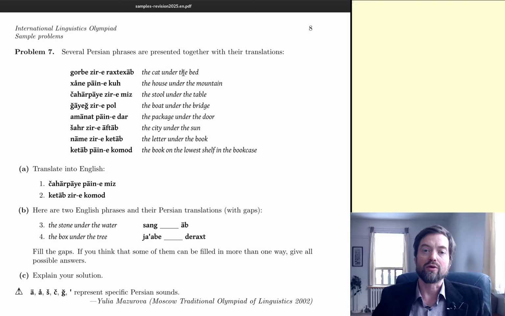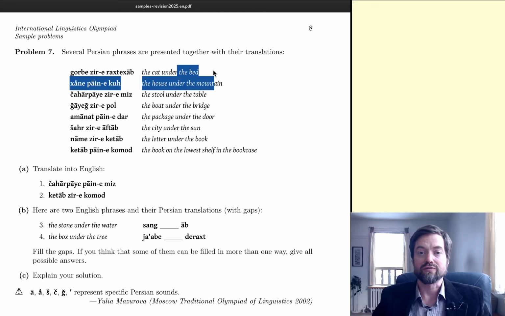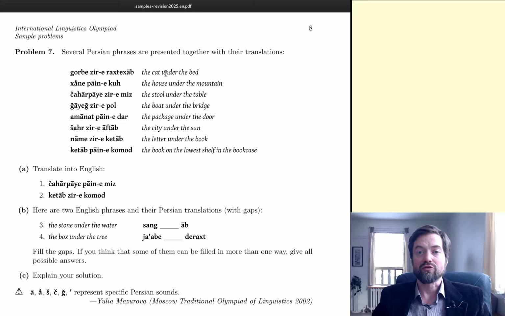Prepositions always come before a noun phrase and attach to that noun phrase. A preposition is like a plug that plugs a noun phrase into the sentence in some way. In this case, it plugs it into another noun phrase. So the bed is a noun, and then under plugs it into the noun phrase the cat, so you end up with the cat under the bed. Under is describing the position of the bed, which is connected to cat. So this is about positioning, right?